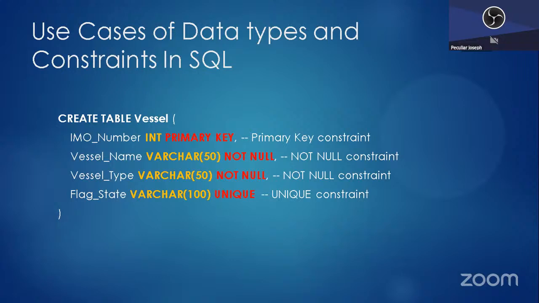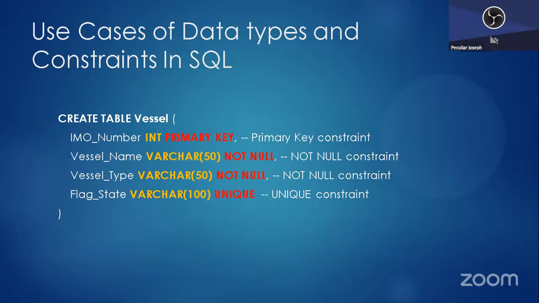When I'm creating this IMO number, I must specify the kind of data I want to allow for it. For IMO number, it's going to be integer. Why integer? Because my IMO numbers are going to be whole numbers. My IMO number is also going to serve as the unique identifier for every vessel recorded on that table, so it is also a primary key.